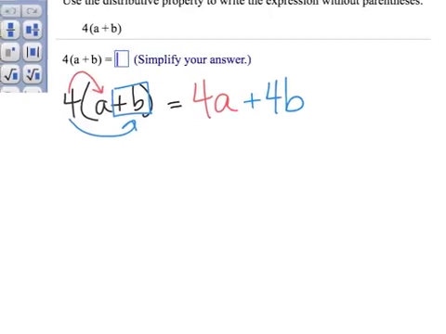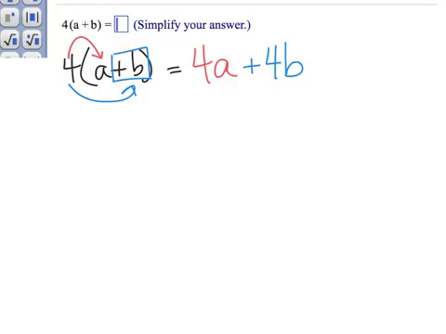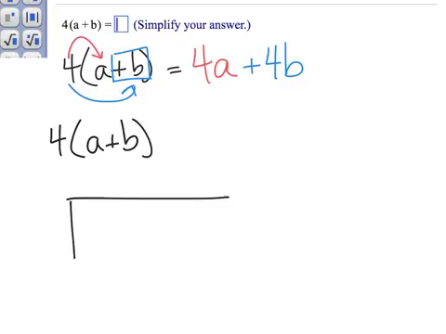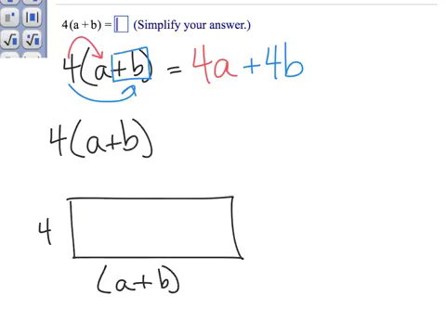Now, if you wanted to see that in like a rectangle, so 4 times a plus b looks like this. It's 4 high, and it's a plus b wide. But we're going to break that up. Boom, right here. We're going to break that up into a plus b.